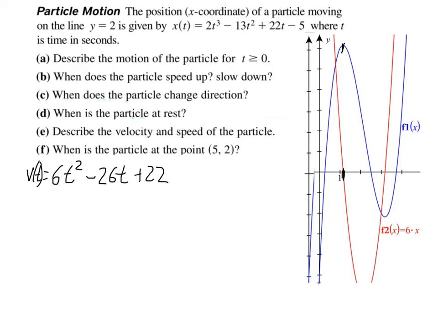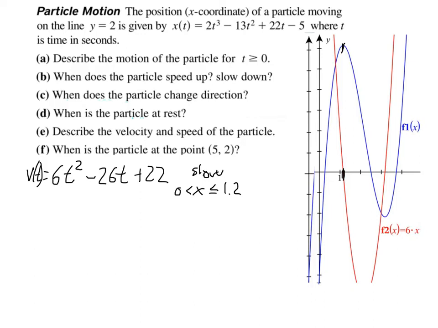So slow from, let's see, 0 is less than x is less than or equal to, maybe we'll call that like 1.2. So that would be that first part that it's slowing down.